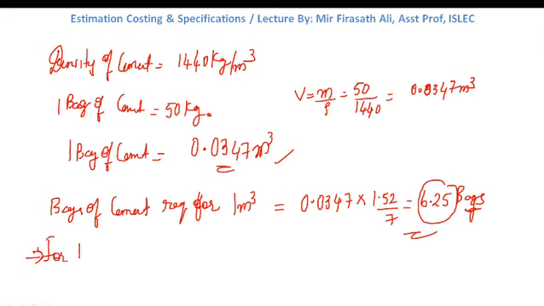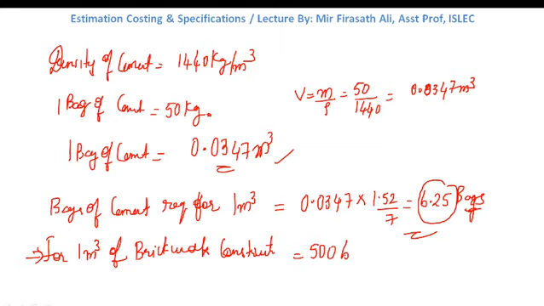For 1 meter cube of brickwork construction, we require about 500 standard bricks.